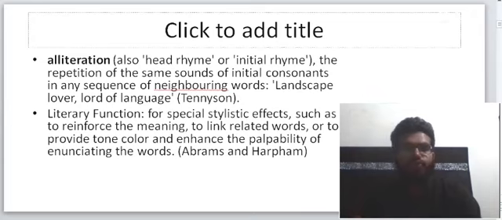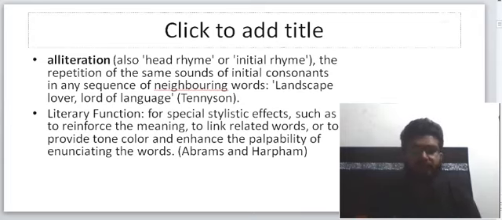It is used for special stylistic effects. For instance, to reinforce the meaning. It encourages, it somehow compels the reader to pay more attention to the meaning, this repetition of initial consonants, to link related words, or to provide tone, color, and enhance the palpability of enunciating the words.